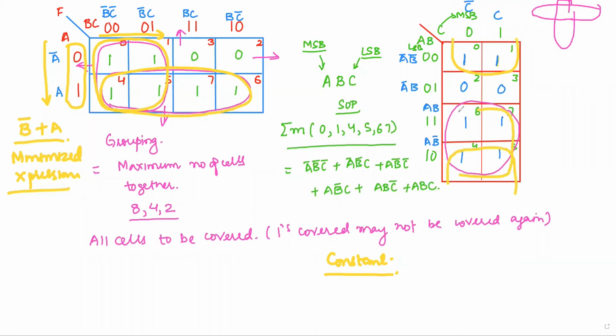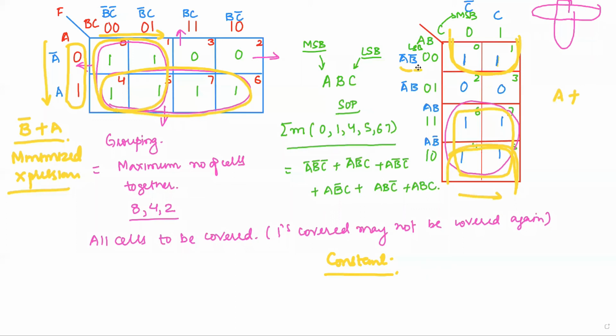Similarly, here we will see this is one group of 4 and this is another group of 4. Okay. So here you can see if you look in this direction, your C is changing and your A is constant. So you will write down A. Now coming towards this group again, your C is changing. So you do not write that.